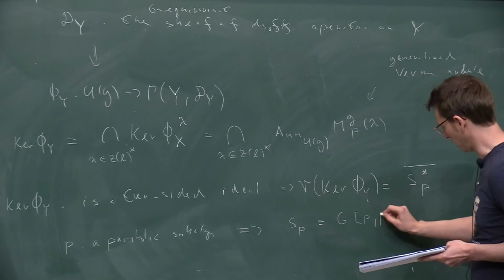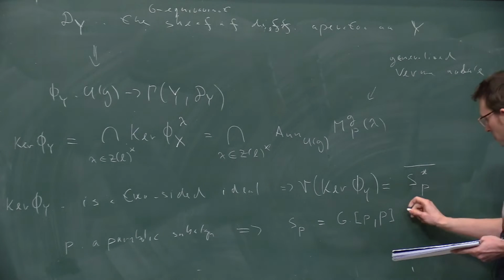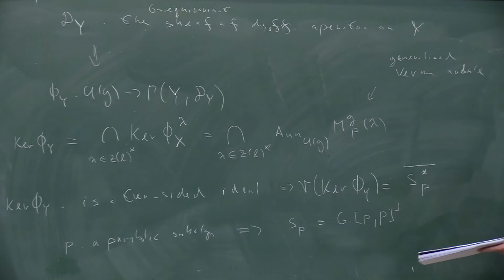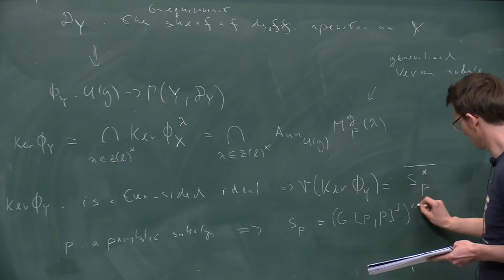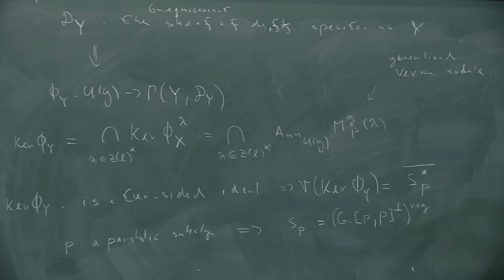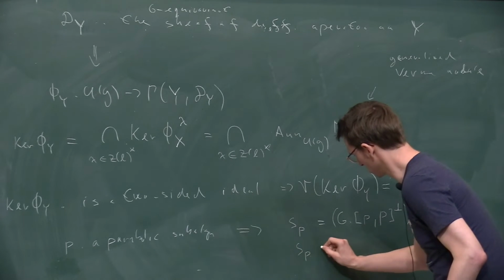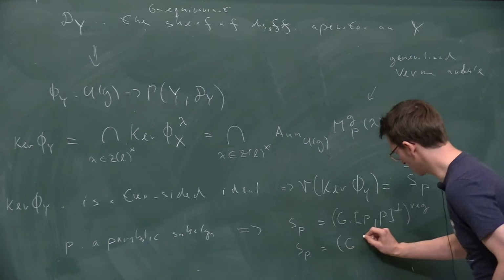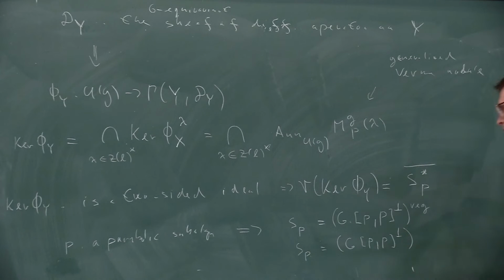So I can take the commutator of this parabolic subalgebra, take a complement with respect to the Cartan-Killing form, and take the regular part of this subset, and then the closure is just, if I forget the regular part. So this is the Dixmier sheet.